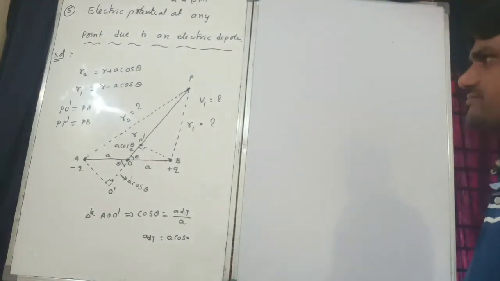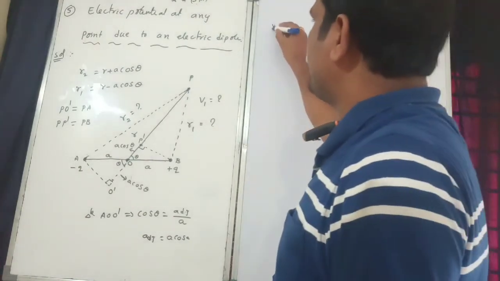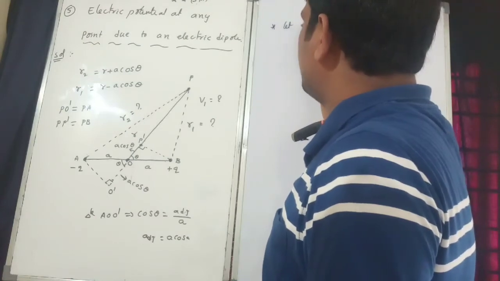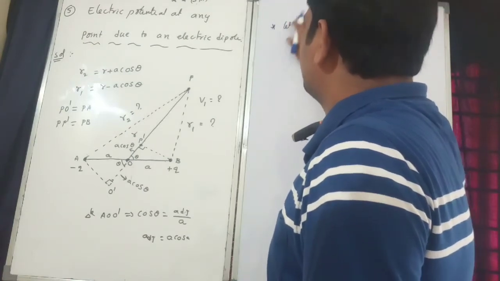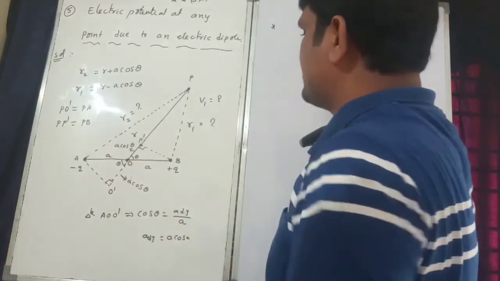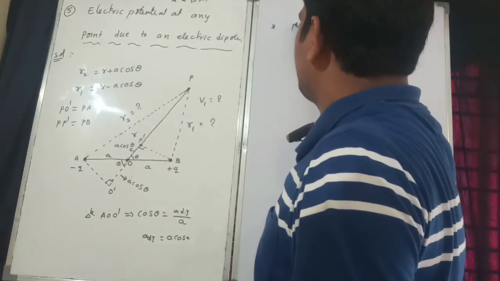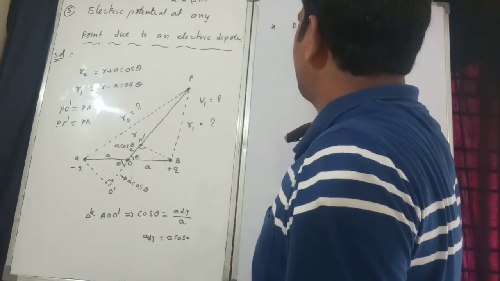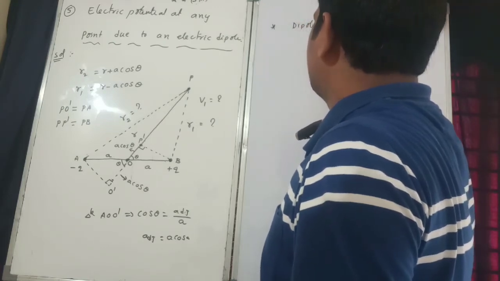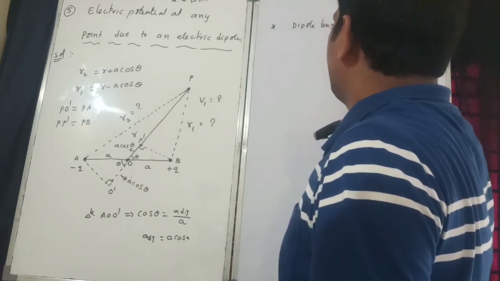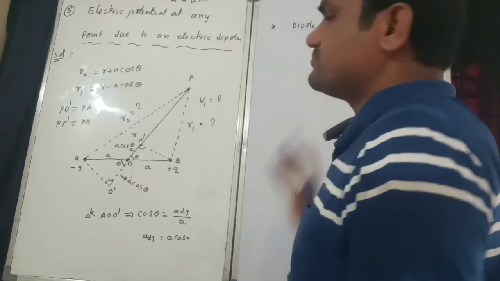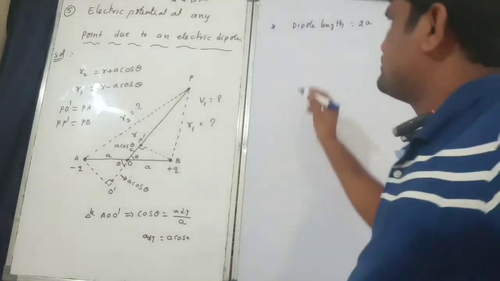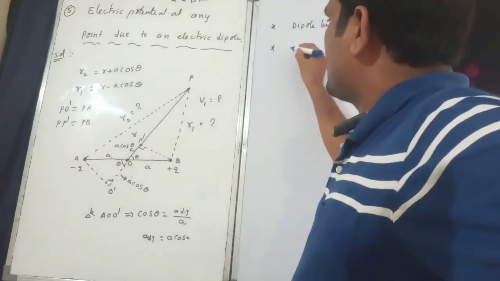Everything is fine. Correct? So now we will write here. So let us consider AB is the dipole. Dipole length is 2A. Right?